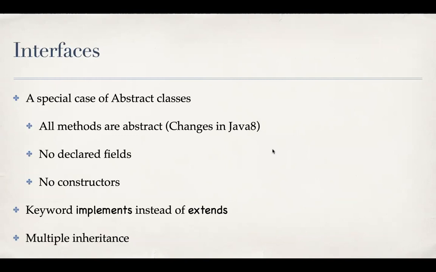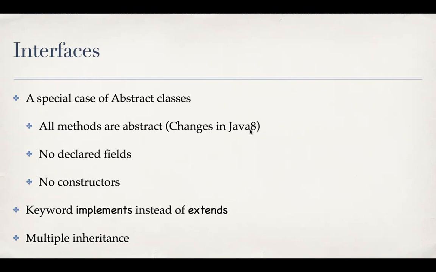A special case of abstract classes is interfaces. Interface is a keyword in Java, and an interface is basically an abstract class in which all methods are abstract. Slight changes in Java 8: Java 8 introduced what's called a default method, and you can implement the default method by giving it the keyword default in the interface itself.